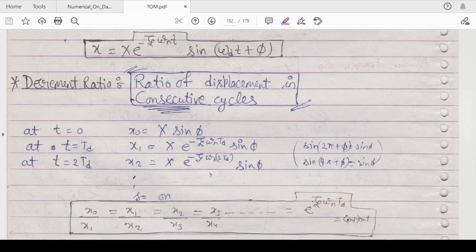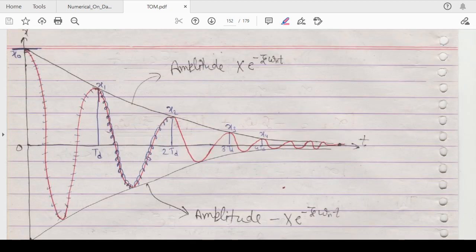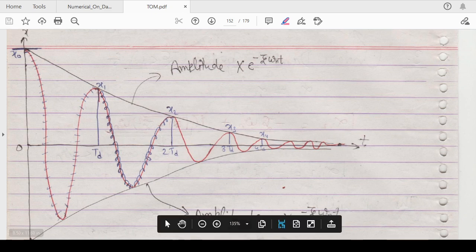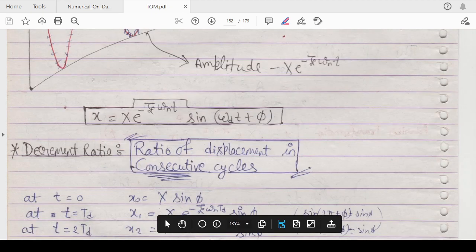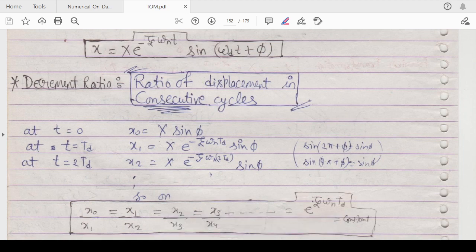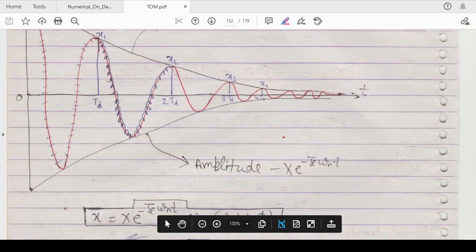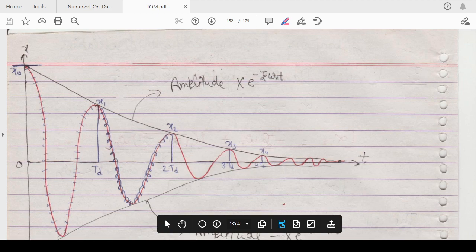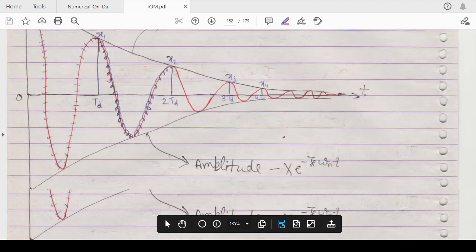At t equals td, you get the value of x1, and with the ratio of x1 divided by x naught you can take the ratio of the displacement. x1 will be at td of the first cycle, after that 2 td, 3 td and so on. As you can see in the picture, x2 will be at 2 td and x3 will be at 3 td.